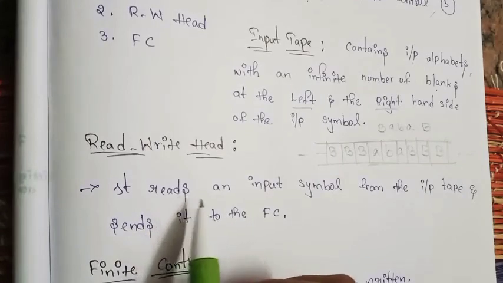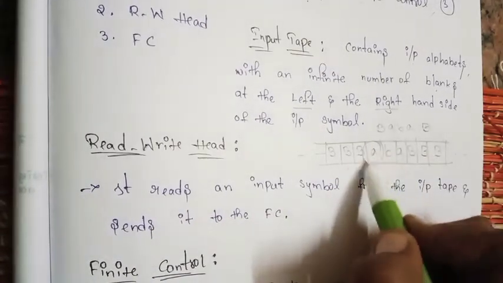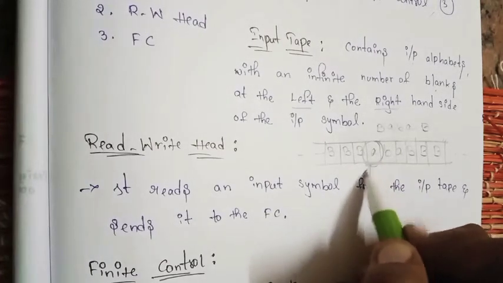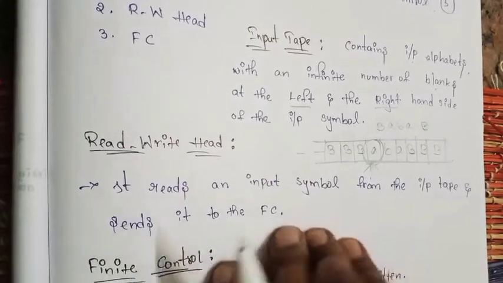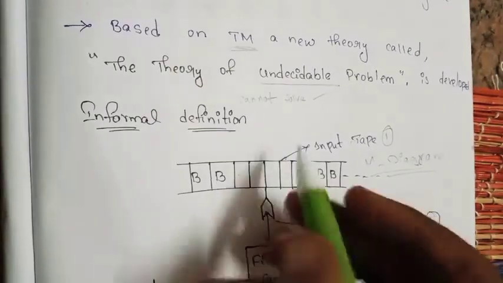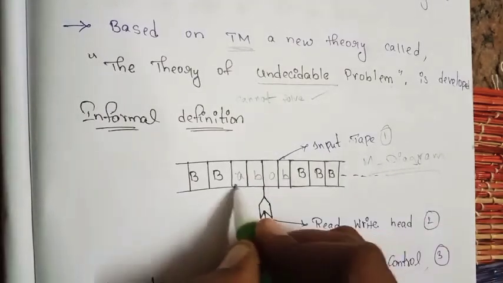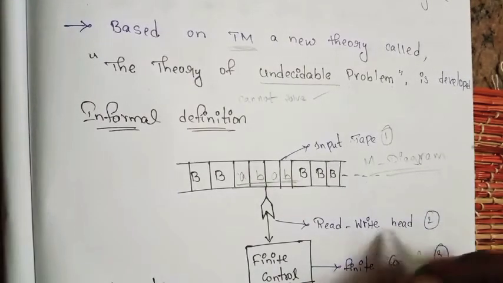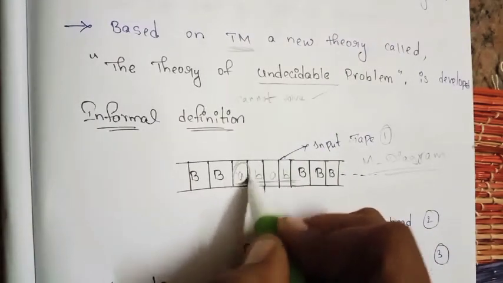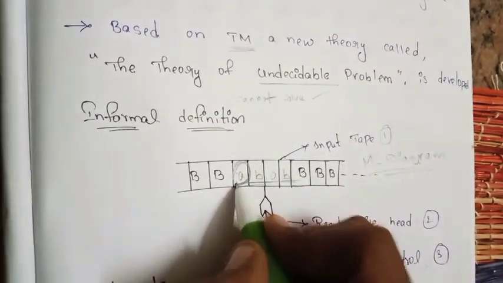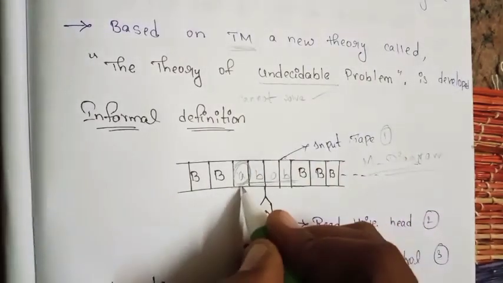Read write head reads an input symbol. So if A is the input symbol, then it will read the input symbol from the input tape and send it to finite control. If you have A B like this as input symbols, then the read write head will read only one input symbol, the first one or the last one or any one.